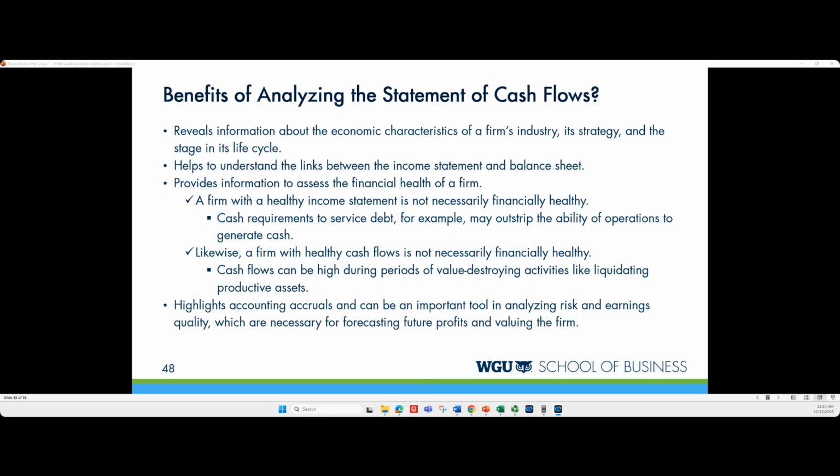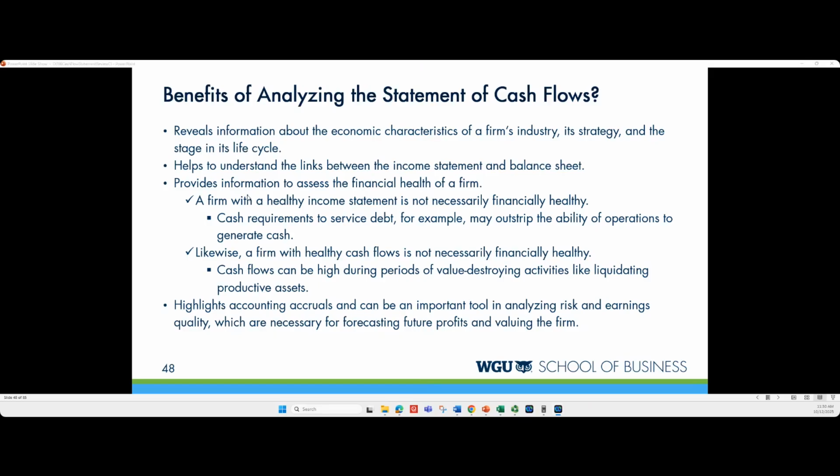Okay, looking at the cash flow statement also helps us understand the links between the income statement and the balance sheet, meaning where is the cash coming from? Is it coming primarily through operations, or are we having to get it primarily through financing activity?